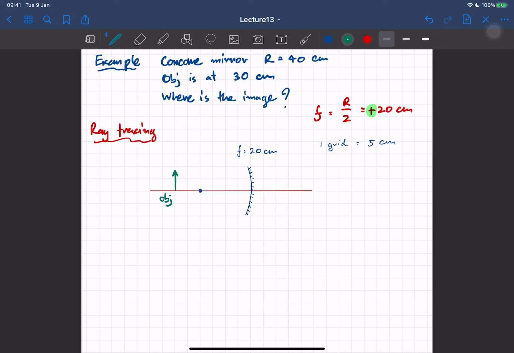Now, let's start with the first line again. The first line is always going to be the one going parallel to the optical axis like that. The mirror will reflect such that the light ray gets converged at that point. So our first light ray has to bounce from the mirror and then go through that focal point. It's going to be like this.